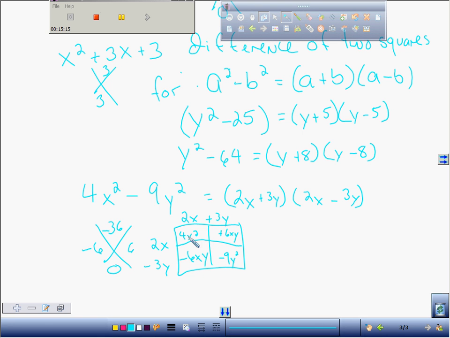But that's way, way, way more work than realizing that this is a perfect square, this is a perfect square, so it can be factored into 2x plus 3y times 2x minus 3y.